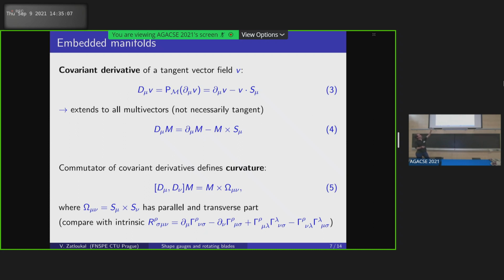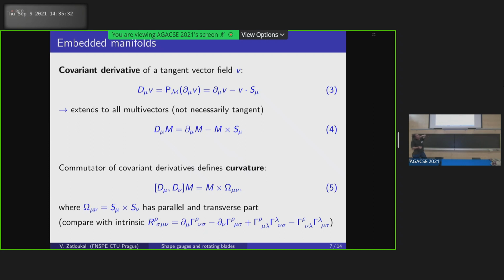So there is the partial derivative part and then a correction part which rotates the vector a little bit. A nice thing about this expression 3 is that it can be immediately generalized to covariantly differentiate generic multivector valued fields.